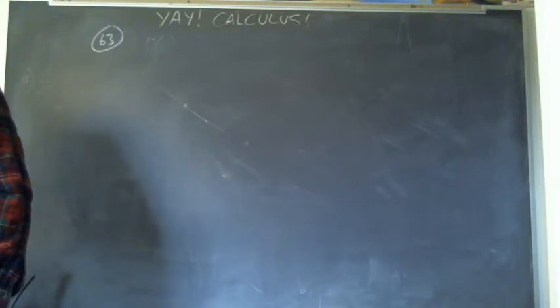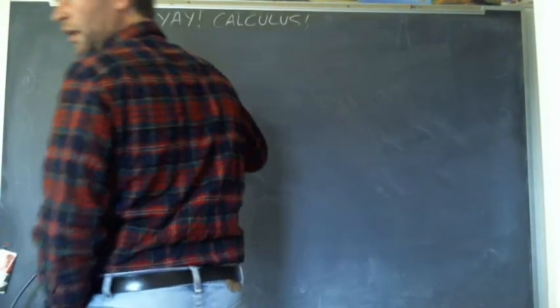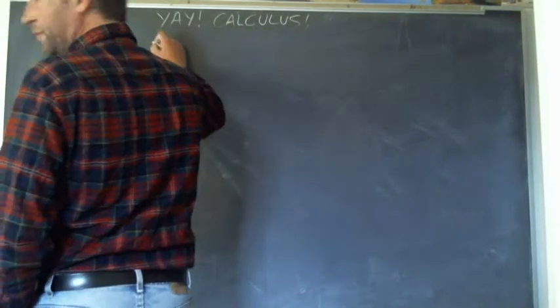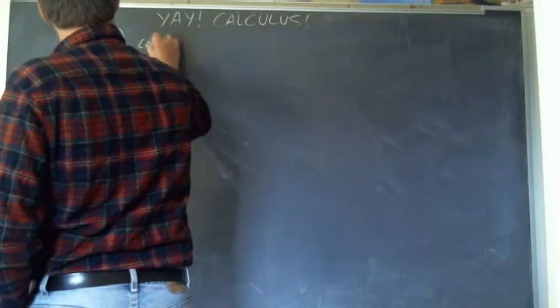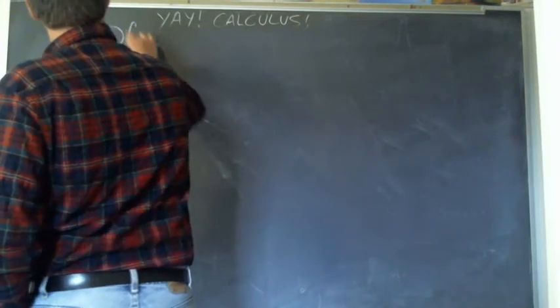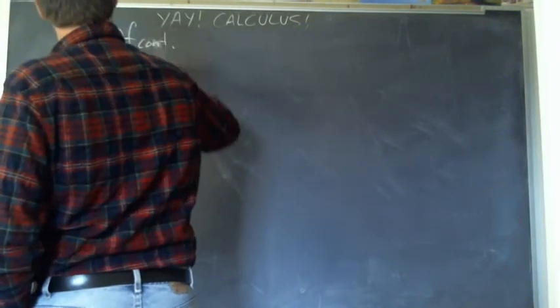63. So it's the graph of a continuous function. All right, same bits, just slightly more complicated. We do need to be continuous. F is continuous, first thing we know.